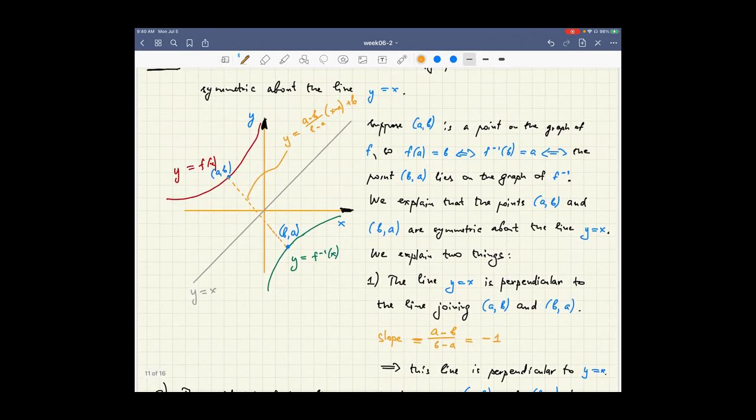So indeed, the 2 points are symmetric about the line y equals x, and therefore the 2 graphs are symmetric about the line y equals x. For each point on the graph of f, there is one and only one point that is symmetric to the original point about the line y equals x.